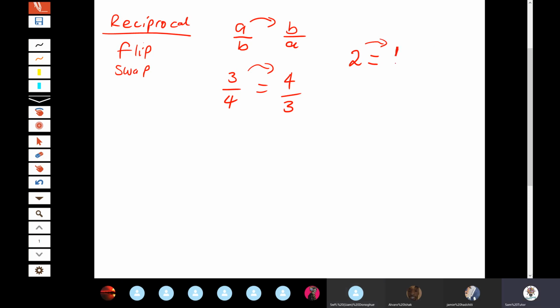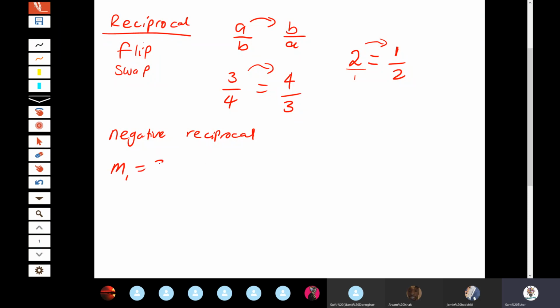Okay, you saw it. Don't forget, 2 is over 1. So if you're flipping 2 over 1, it becomes 1 over 2. So all you're trying to do with these is the negative reciprocal, not just reciprocal.